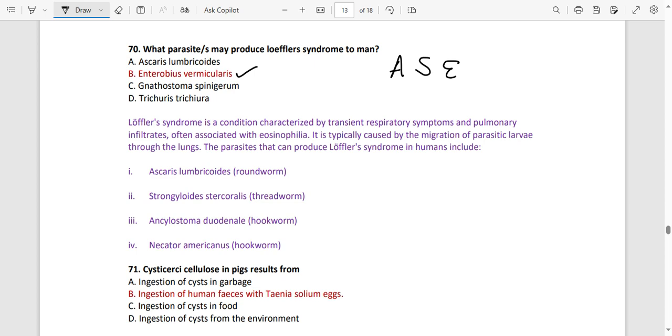Nothing? Okay, so you have got the hookworms. So hookworms, the Necator americanus and the Ancylostoma duodenale. So we have got hookworms, Ascaris, and the Strongyloides.